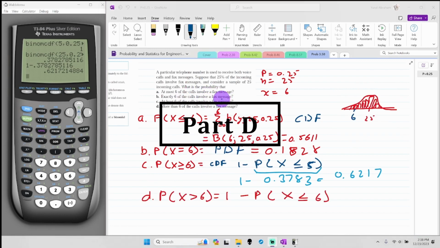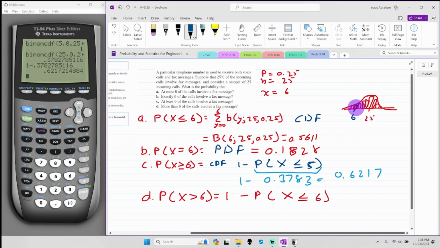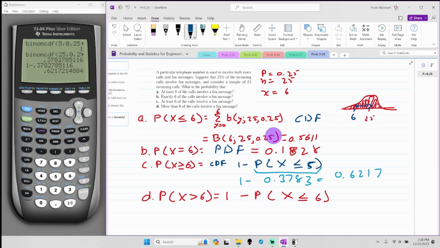Now, problem letter B. What is the probability that more than 6 of the calls involves a fax message? More than 6. So they want anything above the 6. So it will look like this. That's the 6. So it's just like 6.0000001 and above.